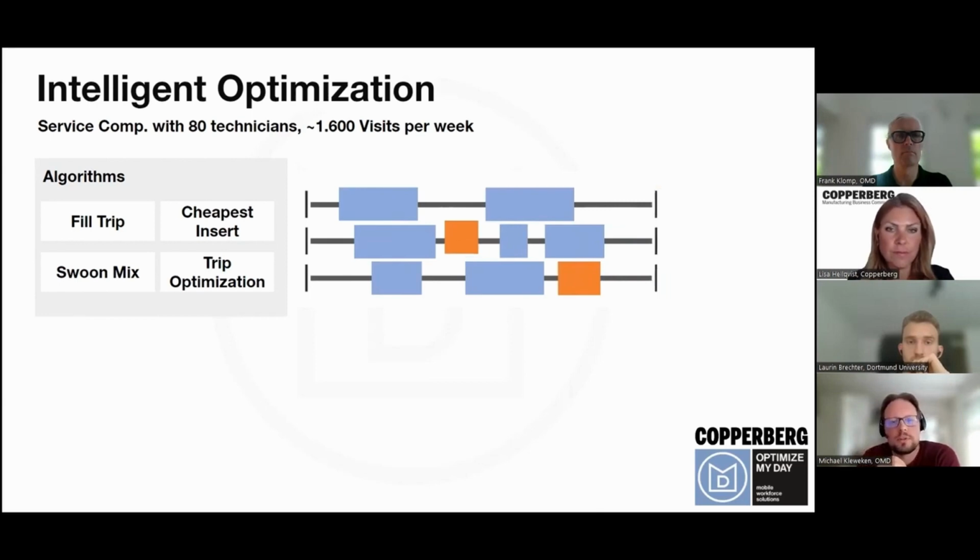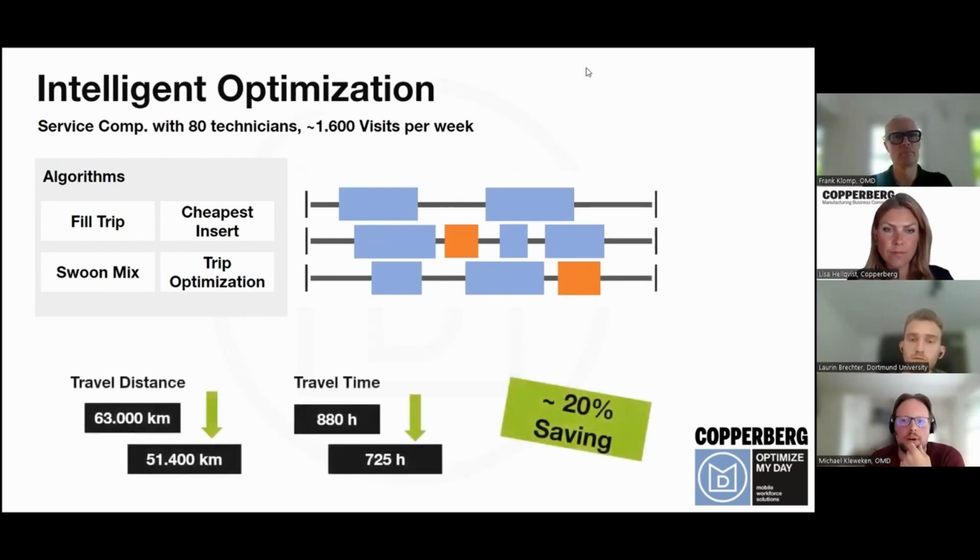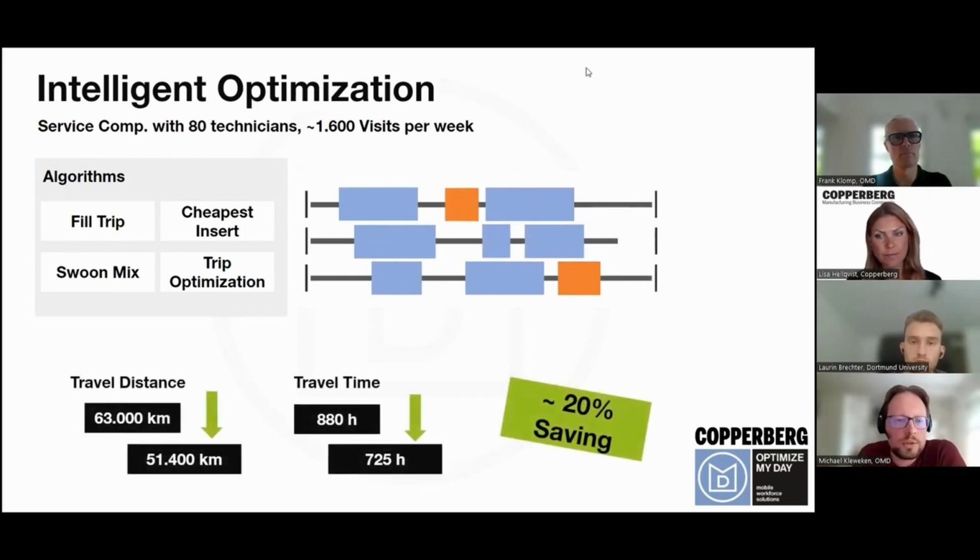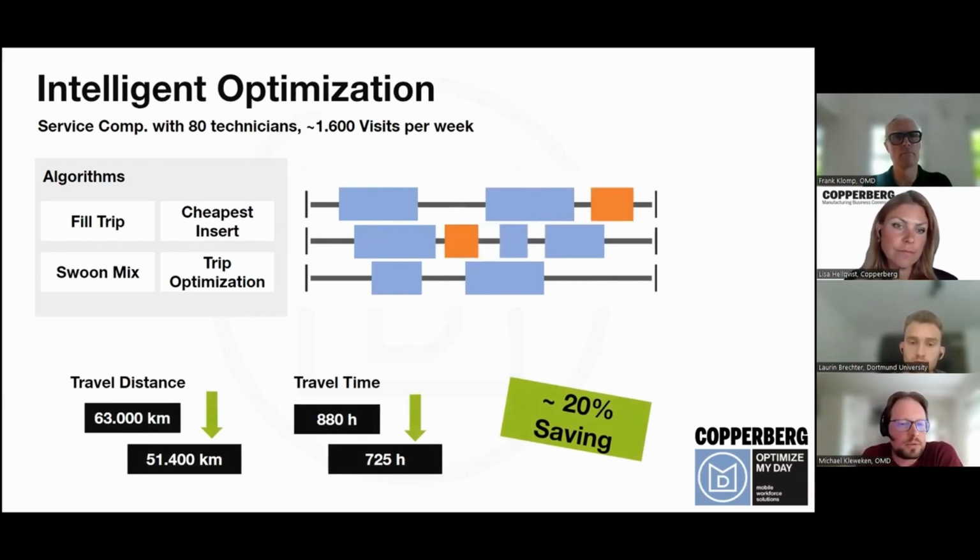And a trip optimization runs over all trips and tries to optimize the routes by changing the positions of stops. In the end, this could save you up to 20% of travel distance and travel time. These are real figures from an example where we see that travel distance and travel time could be significantly reduced by using this setup of algorithms.